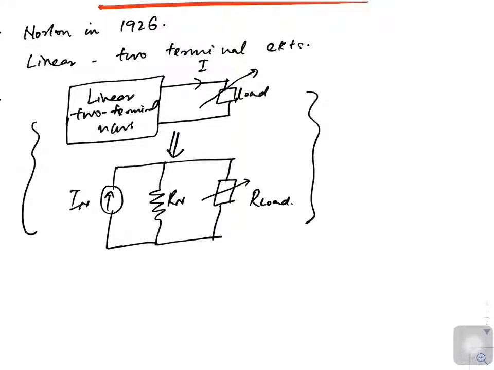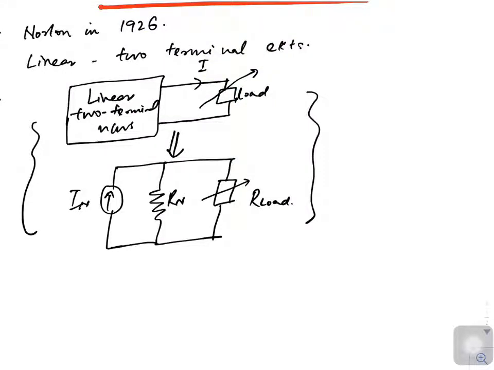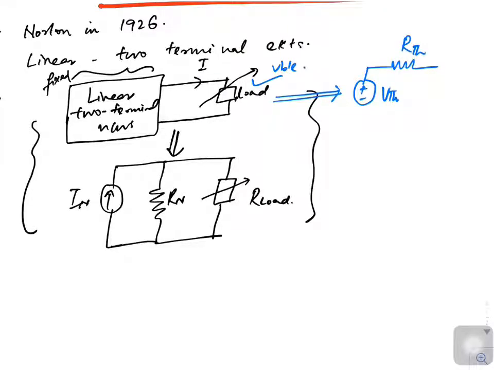If we correlate it with Thevenin also, according to Thevenin, if we are having any two-terminal network in which one side is fixed and the load is variable, that was equivalent to a voltage source, what we called VTH, in series with a resistor, RTH, and a load.